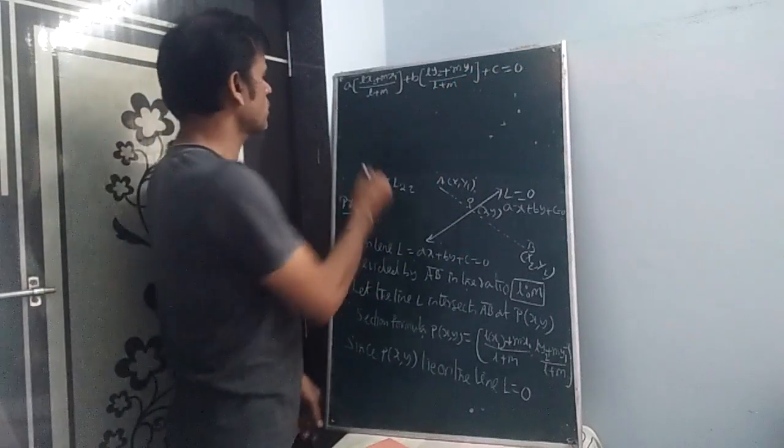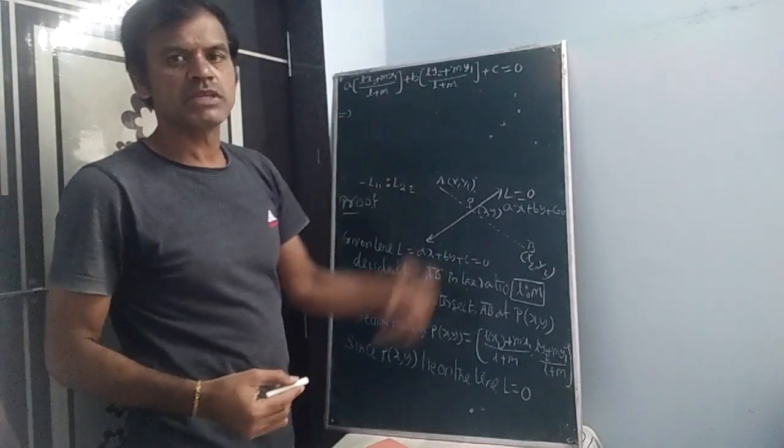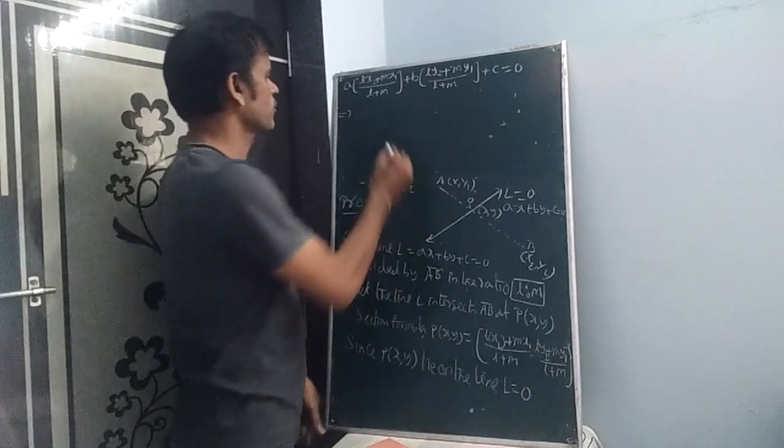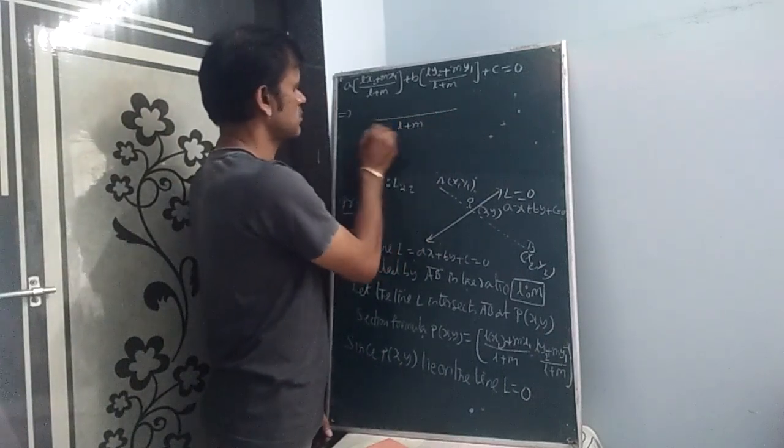Plus C equal to 0. That implies multiply here and take L plus M as the LCM.